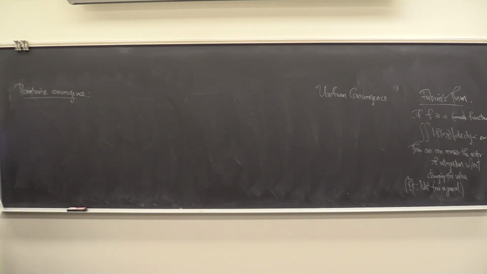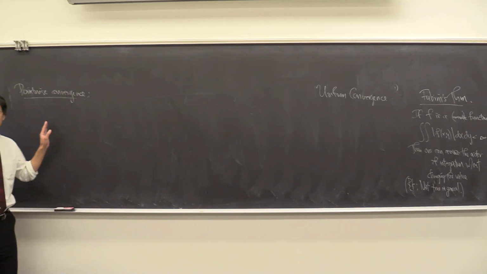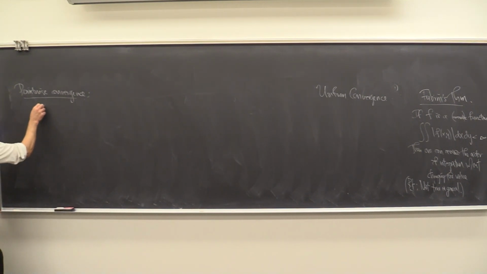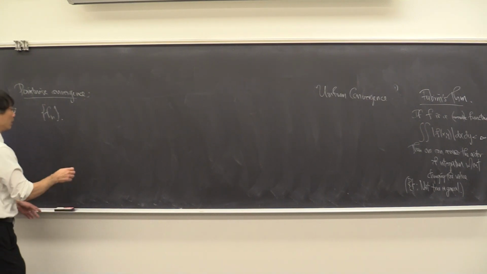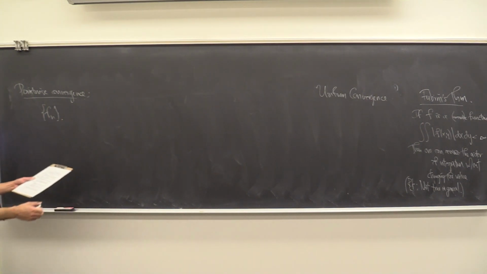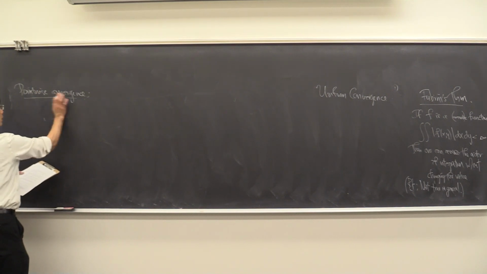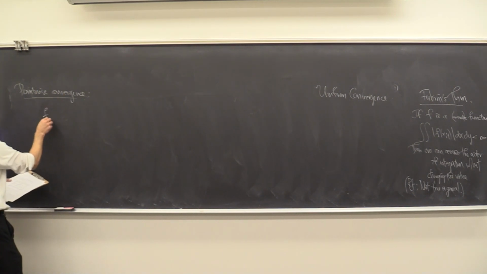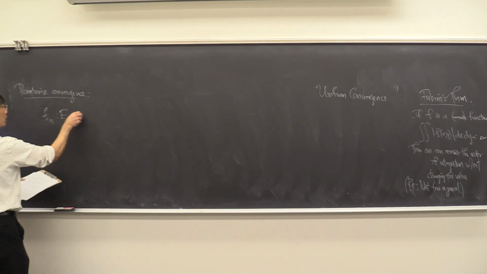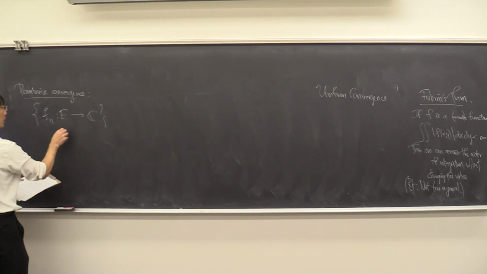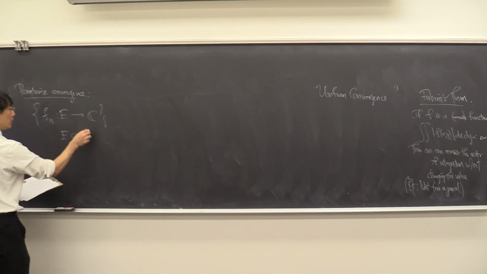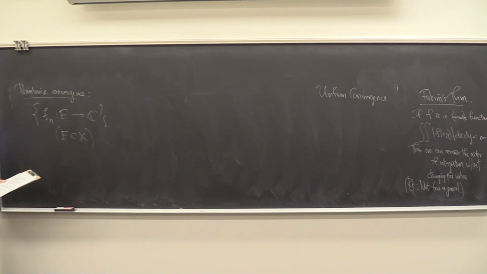Okay, so let's go backwards. Pointwise convergence. I hope people remember what pointwise convergence means. You've got a bunch of functions, say on some set E, some subset of a metric space. Some complex valued functions, say.